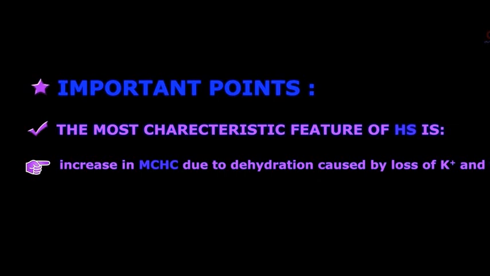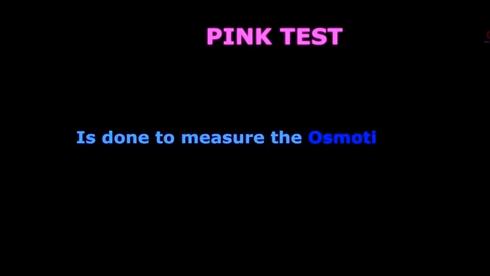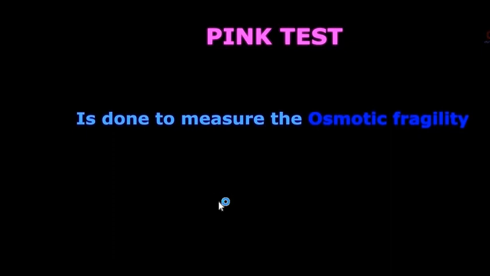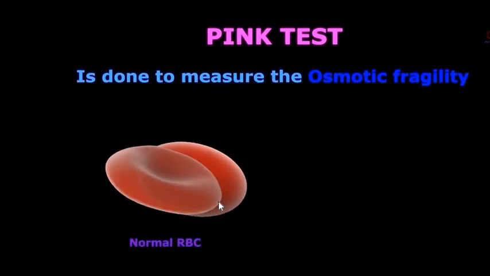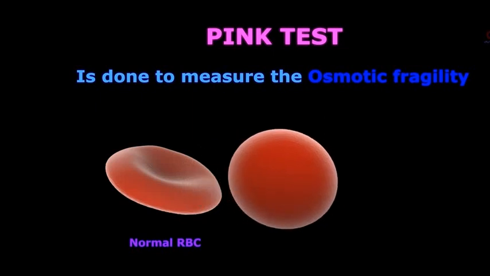So this is all for hereditary spherocytosis. And there is one test known as the osmotic fragility test, which is done to measure osmotic fragility. This is a normal RBC and these are the spherocytes.